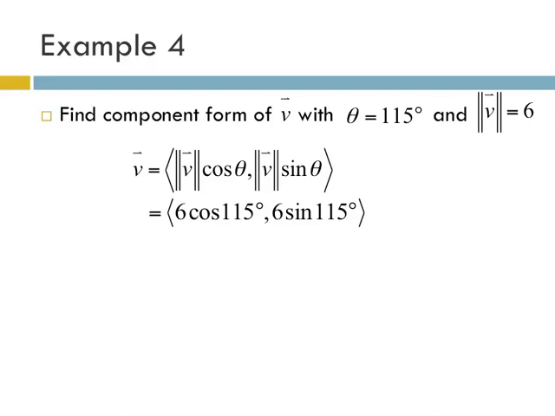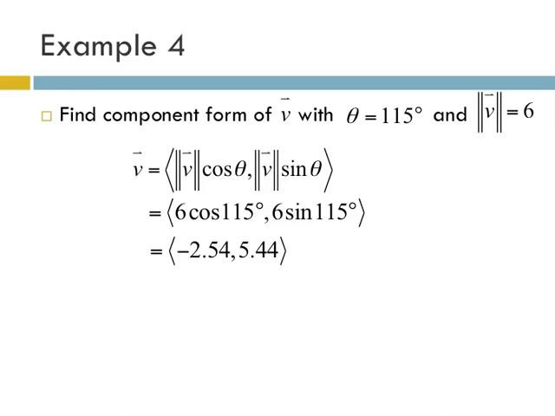So you can think about this, theta equals 115 degrees. Think about which quadrant it's in, just to verify. Because it's in quadrant 2, we know that our x component is going to be negative and our y component is going to be positive. So then go ahead and plug this in. 6 times cosine 115 comes out to be negative 2.54.